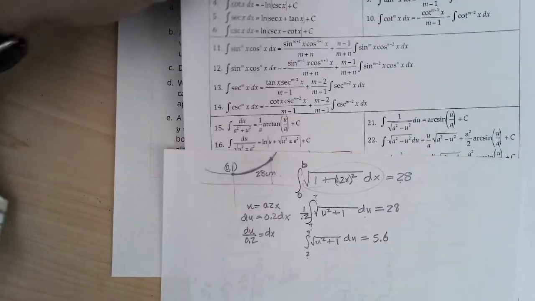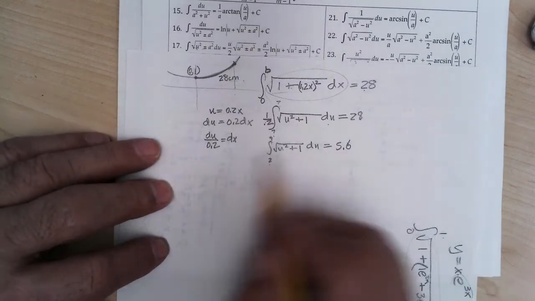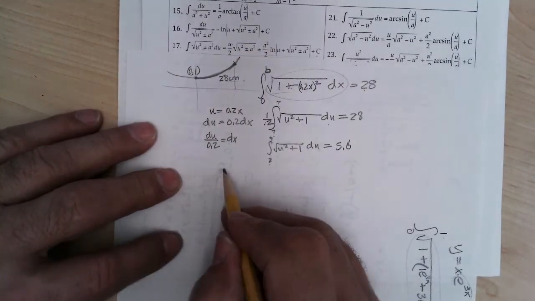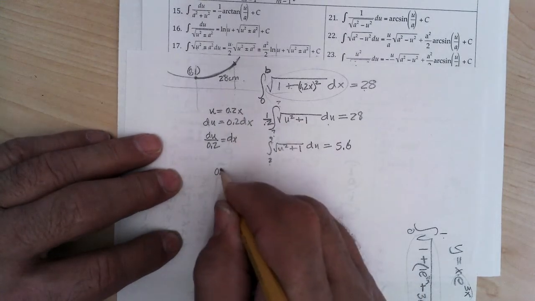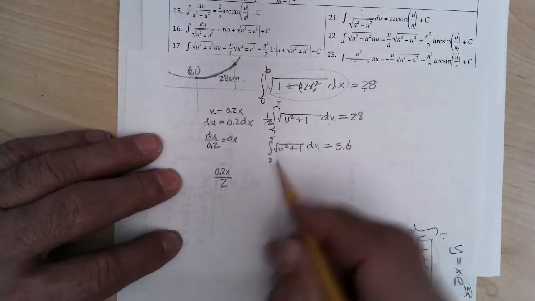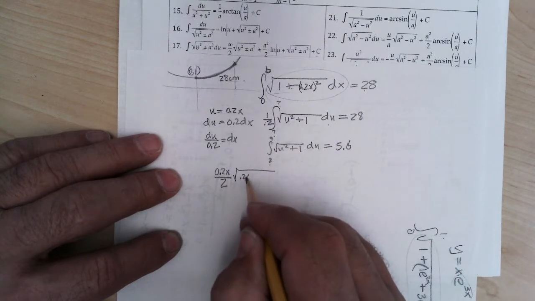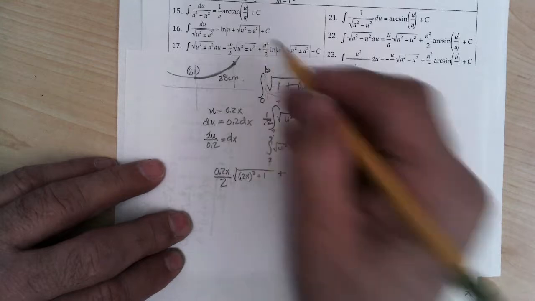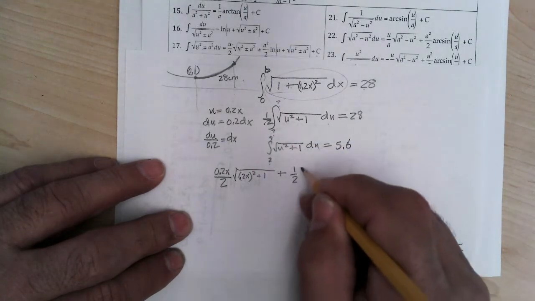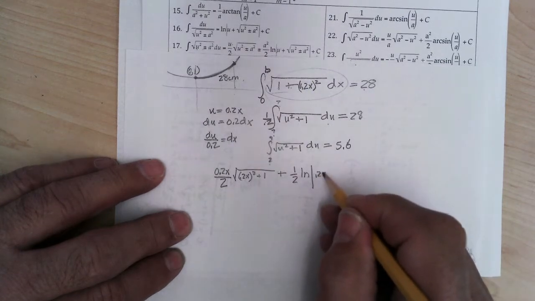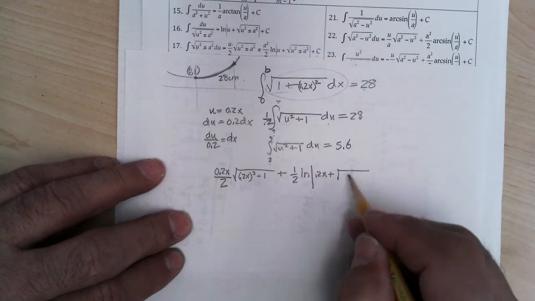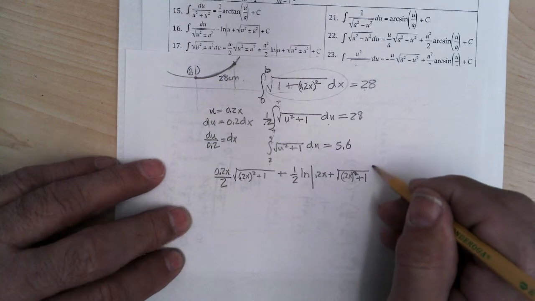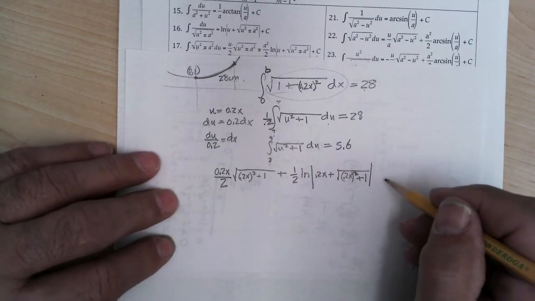Okay? Now, using this formula, 17, this becomes, we're doing the integral right now, so it's going to become u over 2, and u is 0.2x, so now I'm going back to my x's, 0.2x over 2 square root of u squared plus a squared, so that's 1 squared or 1, over 2 ln u plus square root of u squared plus 1, plus c, but we're doing a definite integral.